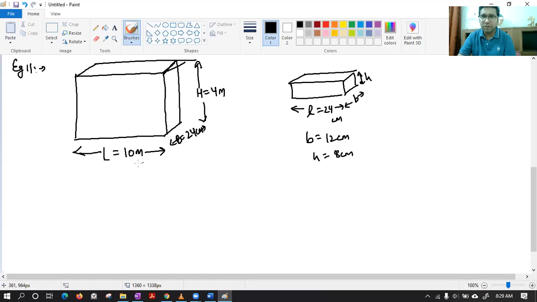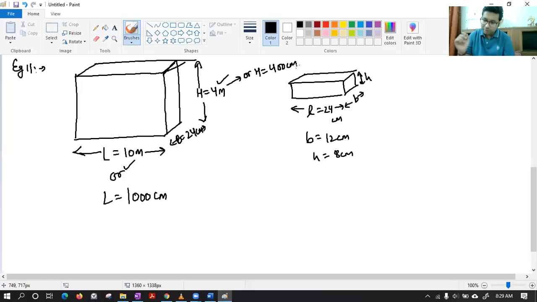So better is to turn them into centimeter, because there will be fewer decimals. Else all the quantities will be in decimal. So L will become 10 into 100, that is 1000 centimeters, and H will become 400 centimeter. I think till this point everything is fine.